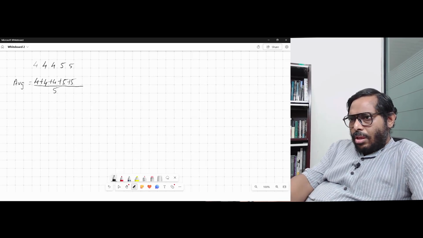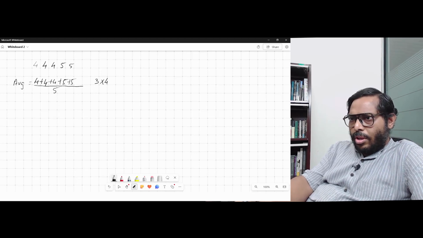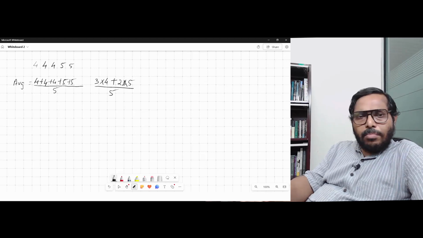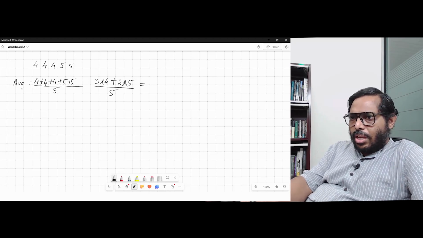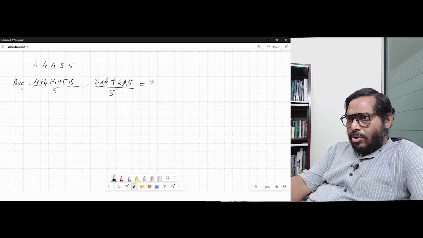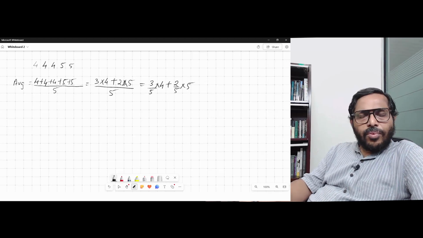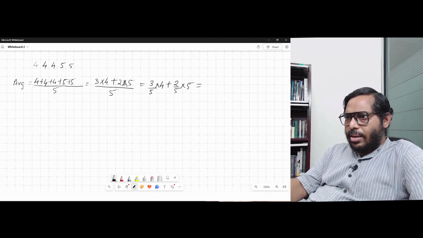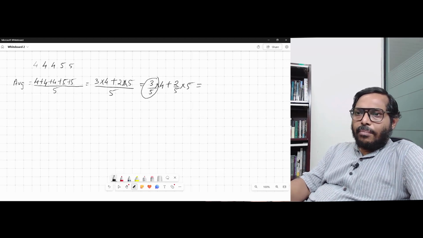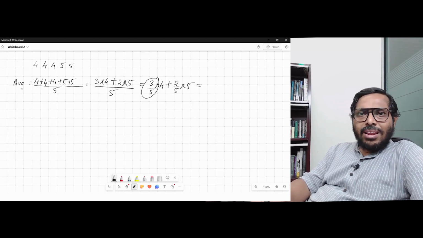Now I can write this as 3 times 4 plus 2 times 5 divided by 5, right? Which I can write as 3 by 5 into 4 plus 2 by 5 into 5. Which I can further write, think about it. What is 3 by 5? 3 by 5 is the number of times 4 is there in this entire sample.